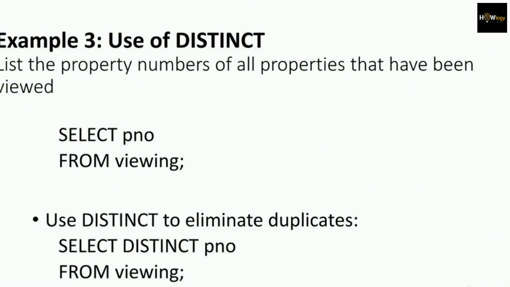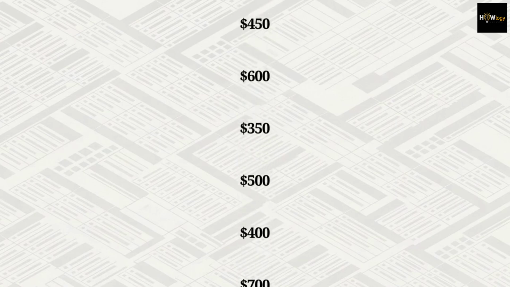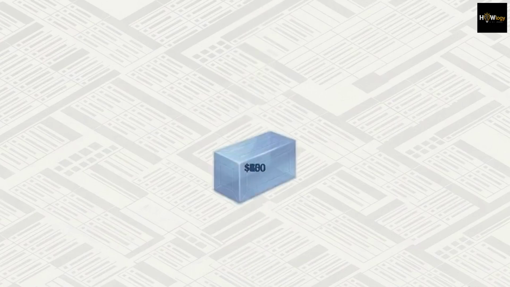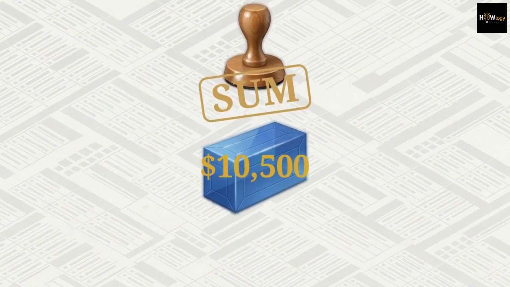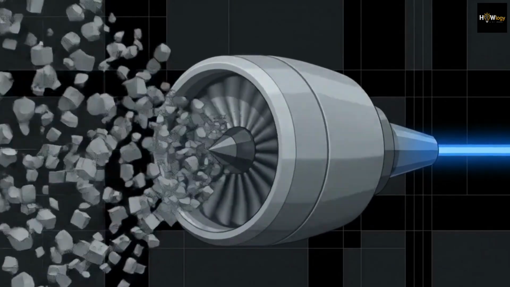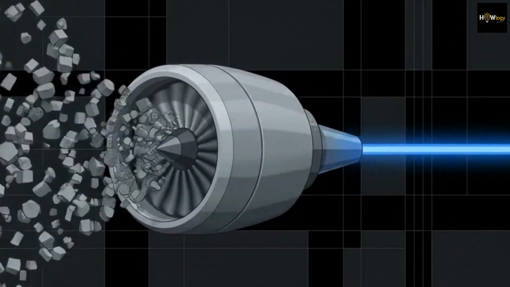If a client viewed the same property multiple times, it creates multiple rows. We use aggregate functions. Instead of printing out a long list of individual rent prices, you use functions like COUNT or SUM to automatically collapse thousands of rows down into one definitive total. SQL functions as a live processing engine, capable of turning raw records into finalized business intelligence in a single execution.